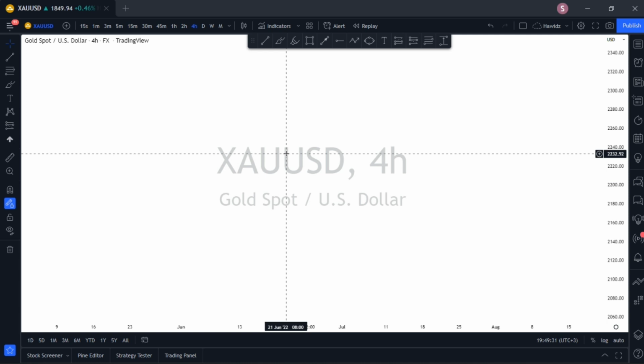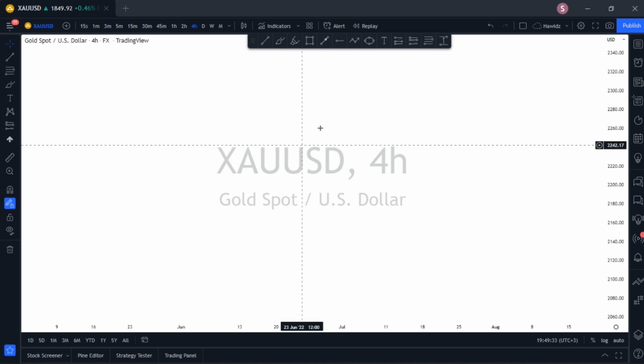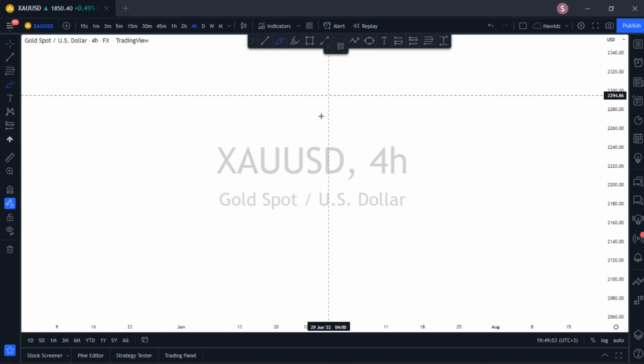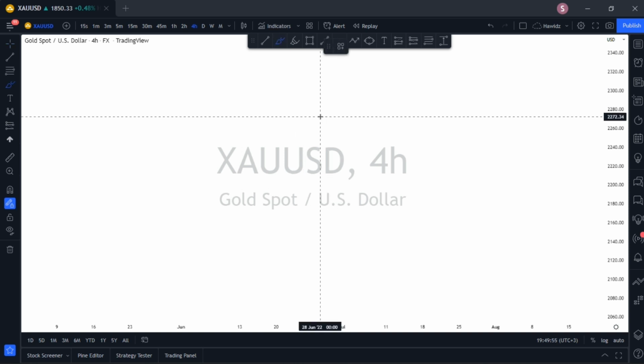Wyckoff is not a thing that is traded on its own. Wyckoff is simply an embedded concept that is aligned with other important things, right? So the first most important thing that it is aligned with is structure, right? You have to have structure in order for Wyckoff to occur and to be spotted. Without structure, you cannot spot Wyckoff.